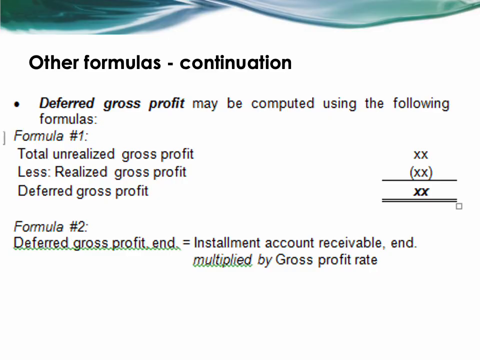This will give you the ending deferred balance. Formula number two is the direct calculation. The deferred gross profit at the end of the period is equal to the ending installment account receivable multiplied by the gross profit rate.